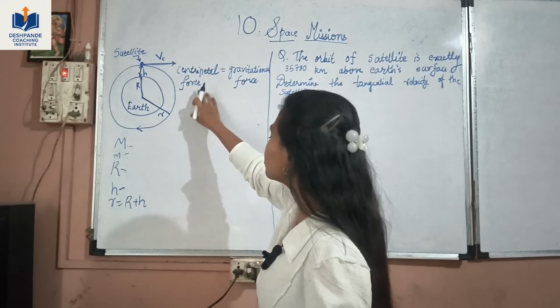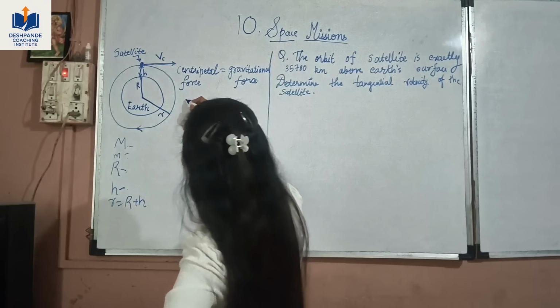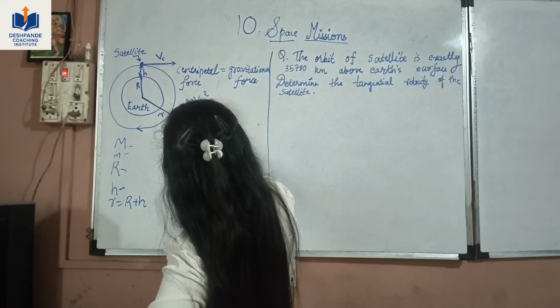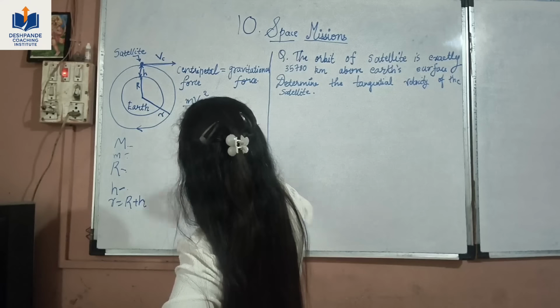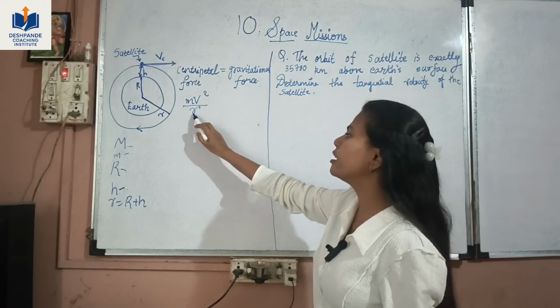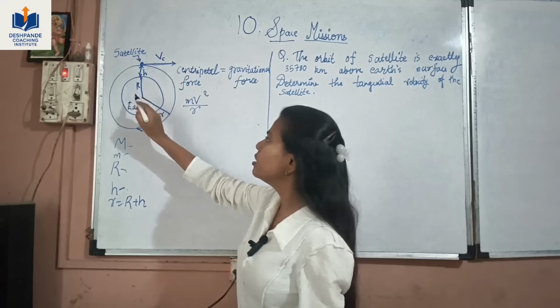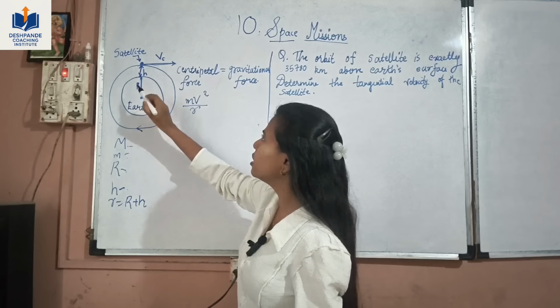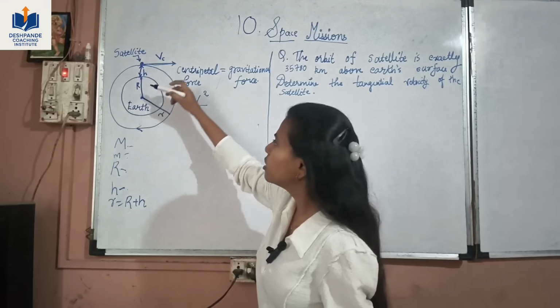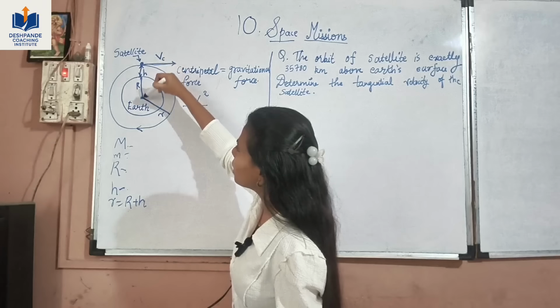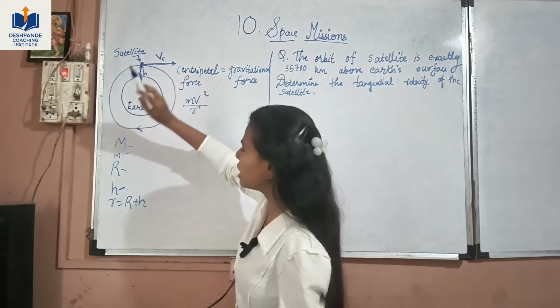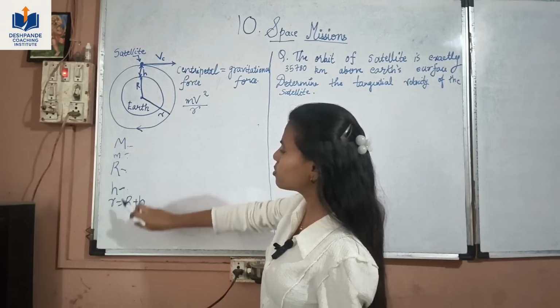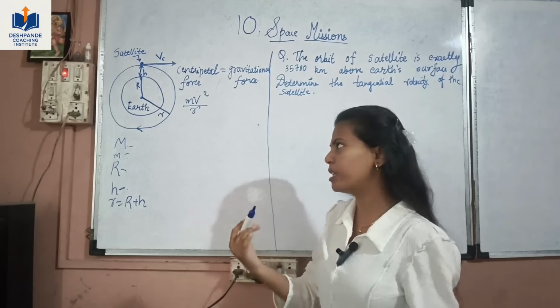So centripetal force, the formula for centripetal force is m v square by r. And why have I written small r here? Because by considering the center for the satellite, the total perpendicular distance is R plus h, and R plus h is small r. We are just denoting it by small r.